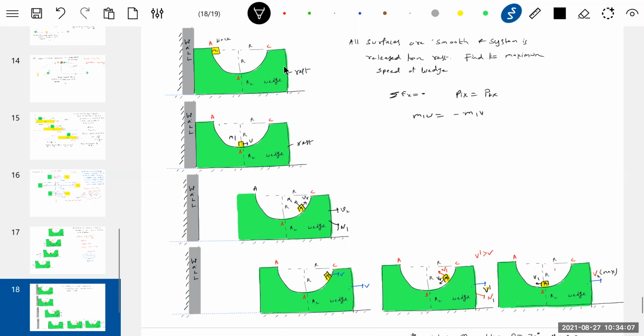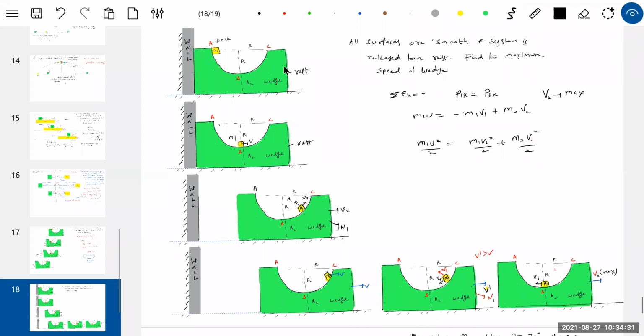minus the V2 is maximum. I'll write it here. Then can I apply conservation of mechanical energy? Yes.